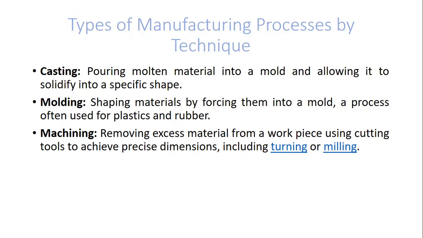It is often used for plastics and rubber material. Next one is machining. In this method, we remove the extra material from the workpiece using various cutting tools in order to achieve precise dimensions, say turning and milling operations.